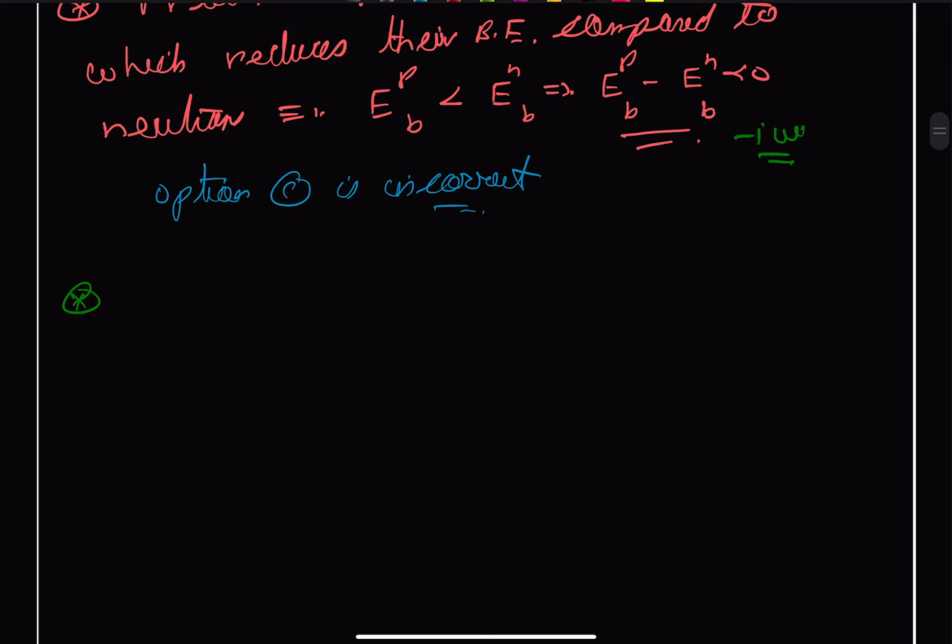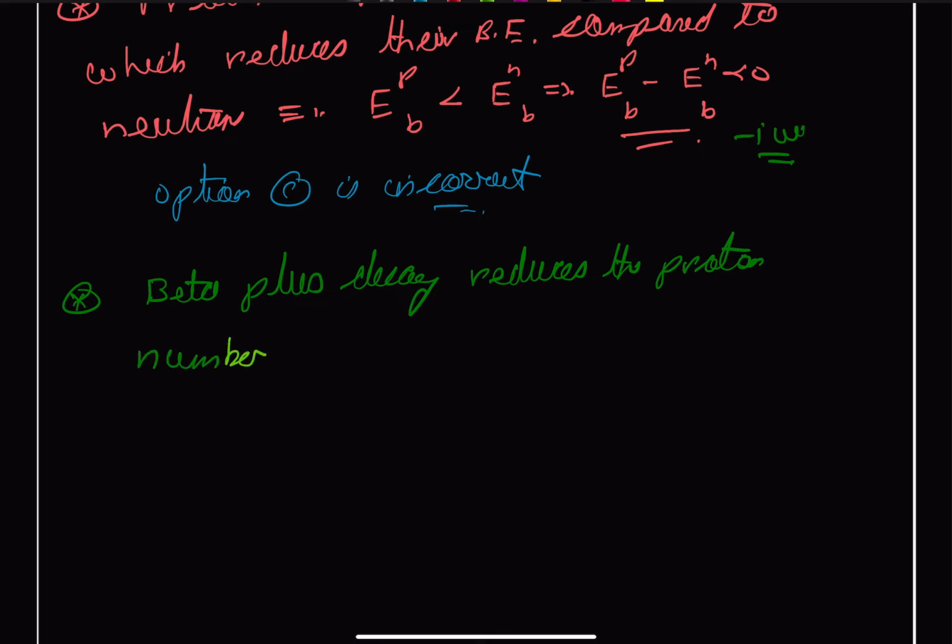So we know that whenever there is beta plus decay, it reduces the proton number, or we can say our Z, further reducing our Coulomb repulsion.